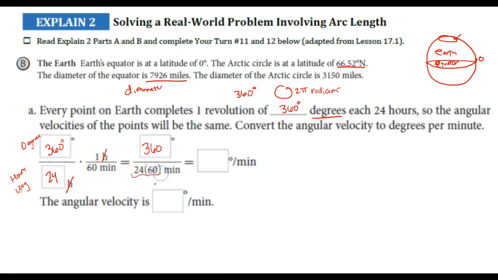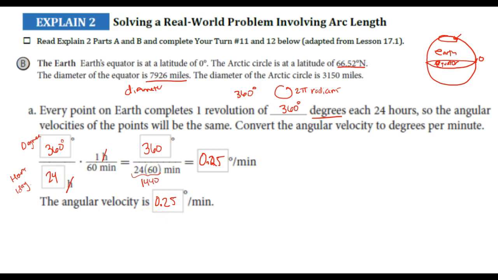If you wanted to calculate that out, plus they're going to ask us to divide it out, we might as well do that now. That would be 1,440. Let's divide that out: 360 divided by 1440. That's about 0.25, well, 0.25 degrees per minute. So the angular velocity is about that many degrees per minute.